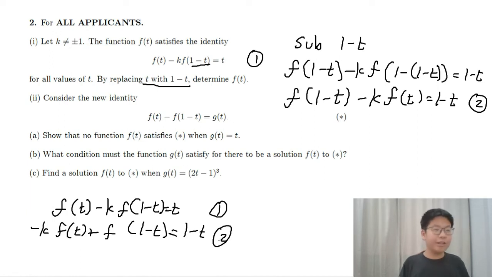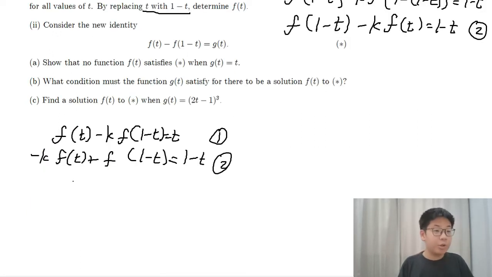We have written down the two equations. What do we do? We want to eliminate f(1 minus t). Why? Because we can determine f(t) straight from the back.